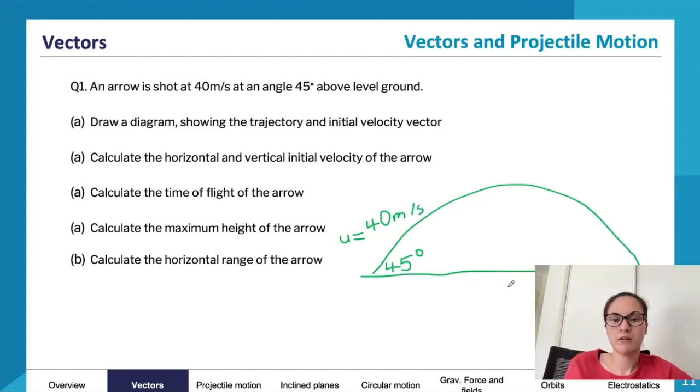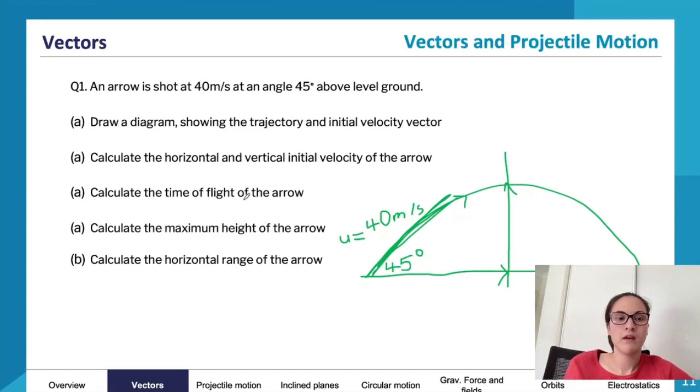Alright. And then this is kind of like the halfway point where it starts going the other way. So we've shown the trajectory. Just put in arrows just in case. And the initial velocity vector. So this is the initial velocity vector here. The one that I draw very poorly.